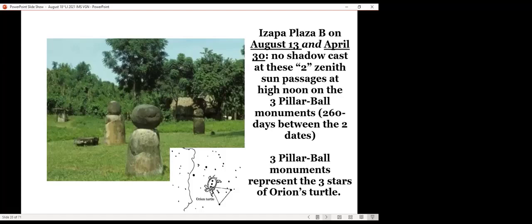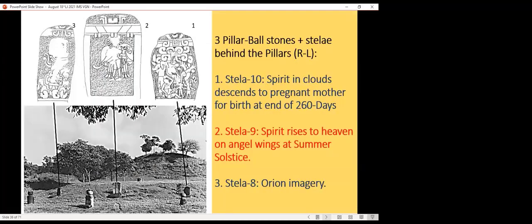It's commonly believed now by scholars that the three pillar balls also represent the three stars of Orion's turtle. The three sculptures in the background, behind these pillars, document the journey.